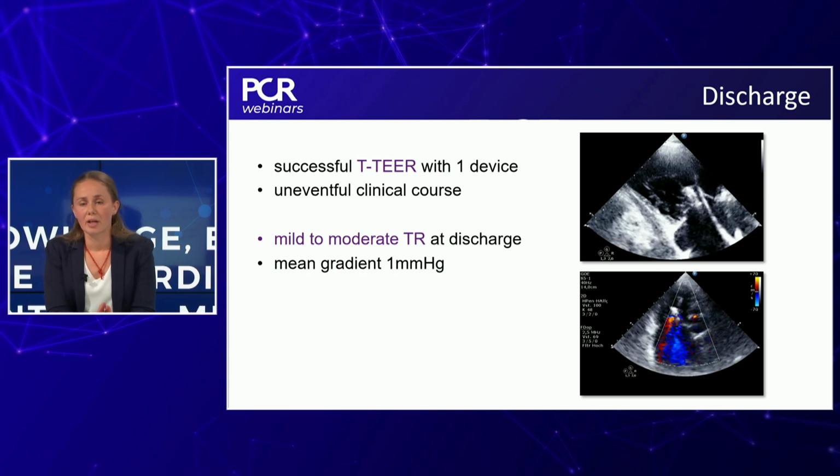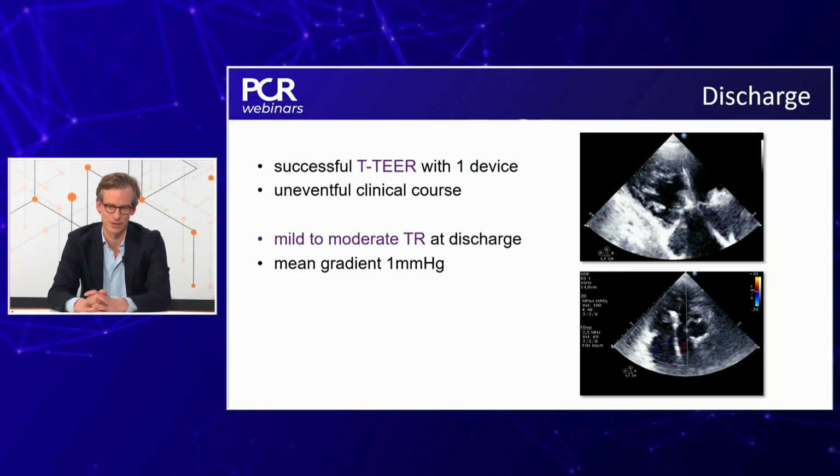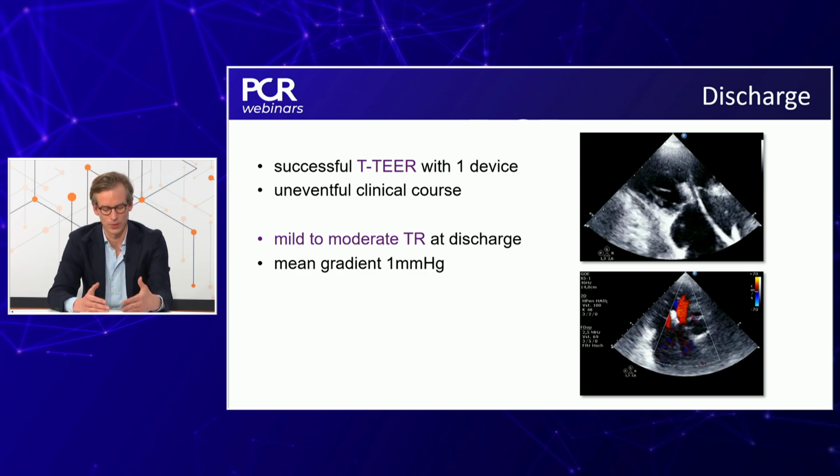Felix, what do you think is the aim that we have in TR procedures? What is the goal of the procedure, and how can we estimate in some way if we can reach it? Very good question. Before that, let me quickly comment on your beautiful case. Maybe the fact that an anteroseptal interaction proves that the lead, which was also anterior, had some causal interaction with the coaptation. Very interesting. So what do we want to achieve?